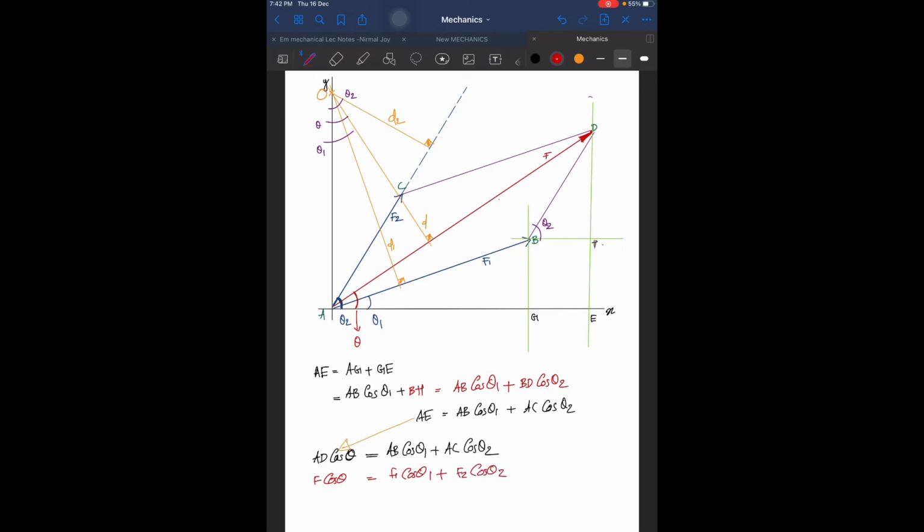Now let us multiply the LHS and RHS with OA, the length OA. So F OA cos theta is equal to F1 OA cos theta 1 plus F2 OA cos theta 2.